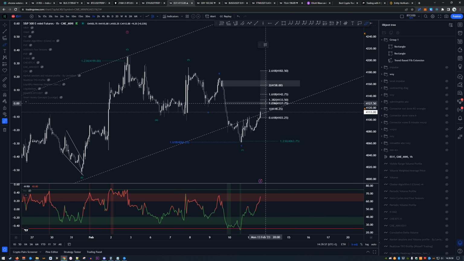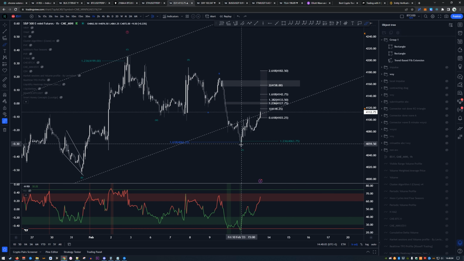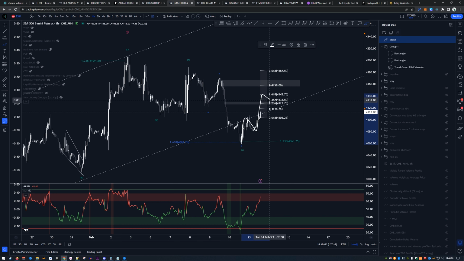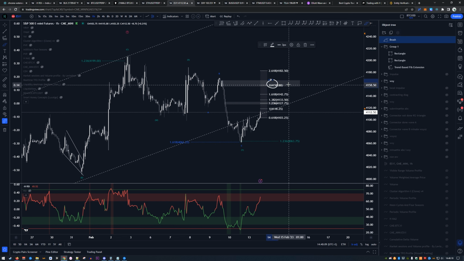For now, I like this area more in the form of this being a three-wave structure. If we go beyond the 1.618 here, of course that can turn into more of a bullish structure that could be topping out at these highs here.